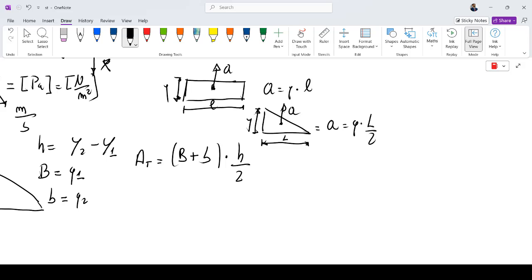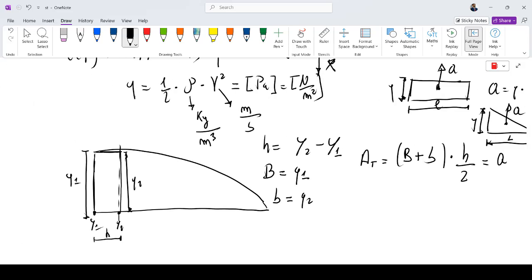This is the formula of the area of a triangular shape. This is the same thing. The area of this gives us a Q lumped of this trapezoid.